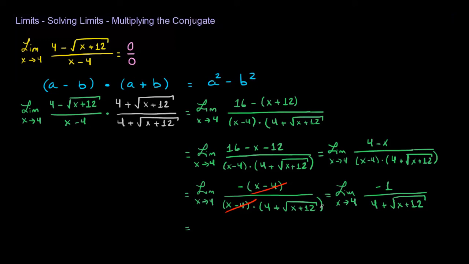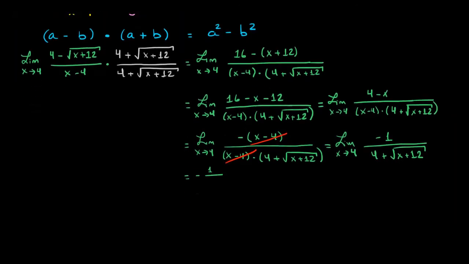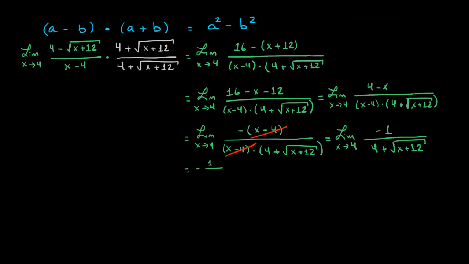So substituting x as 4, we get a negative 1 over 4 plus the square root of 4 plus 12.